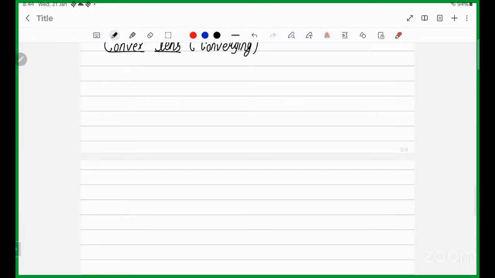So how it looks like is this. It is basically thick in the middle and it forms real and virtual image.